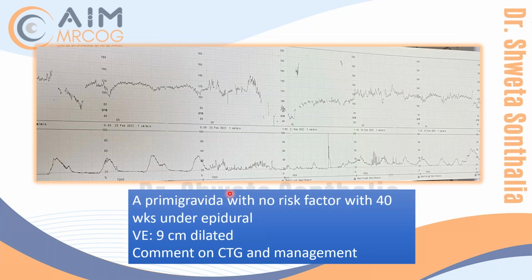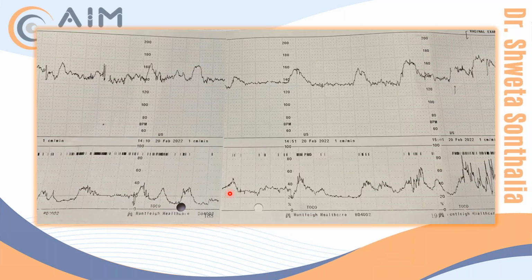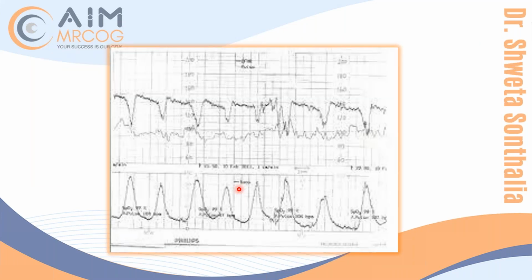I can understand what you're trying to ask. In this one, I'll say the contractions are not very clear in this CTG. If you see here, 1, 2, 3, but you have to understand that when they want you to calculate the variable decelerations against the number of contractions, they will give you a CTG which has a clear-cut demonstration of contractions.